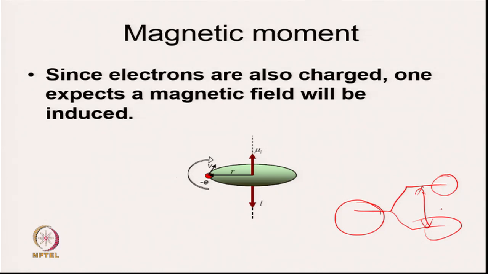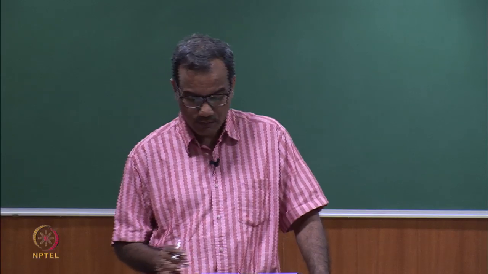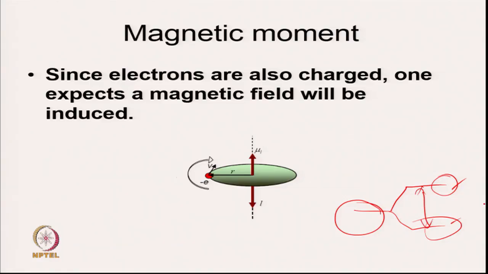So, now look at the fine spectrum of the hydrogen atom. First thing is to calculate the energy of these two levels which are initially degenerate, but they split because of spin orbit coupling. Now, first we need to understand the magnetic moment. Electrons are charged, and so when they rotate, they will also induce a magnetic field.